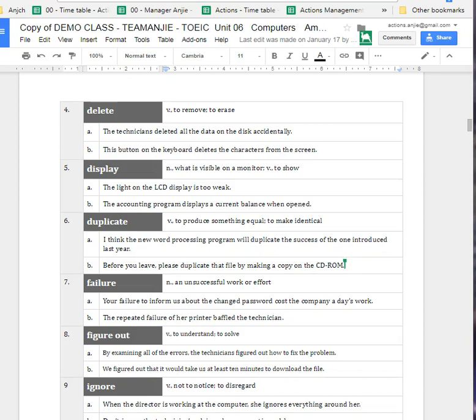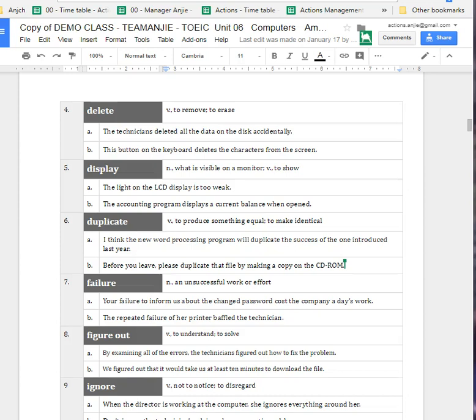And another example is before you leave, please duplicate the file by making a copy on the CD-ROM. Can you repeat that for me? Do you understand the meaning of duplicate? Make a copy. Very good.